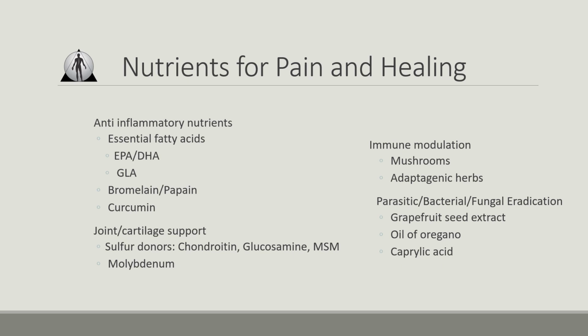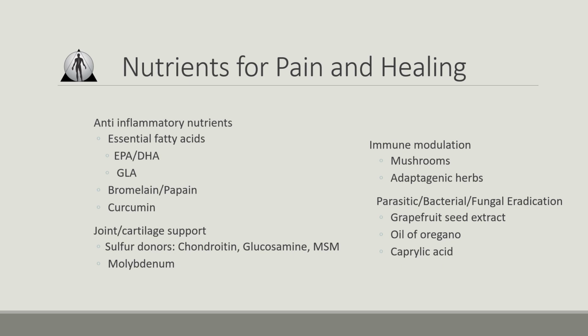Bromelain and papain, these are in papayas and they are in pineapple. These are anti-inflammatory nutrients. You would take these on an empty stomach. And we've all heard of curcumin, which is in turmeric. These are very well known, been utilized for centuries as anti-inflammatory. So I'm a big fan of those.